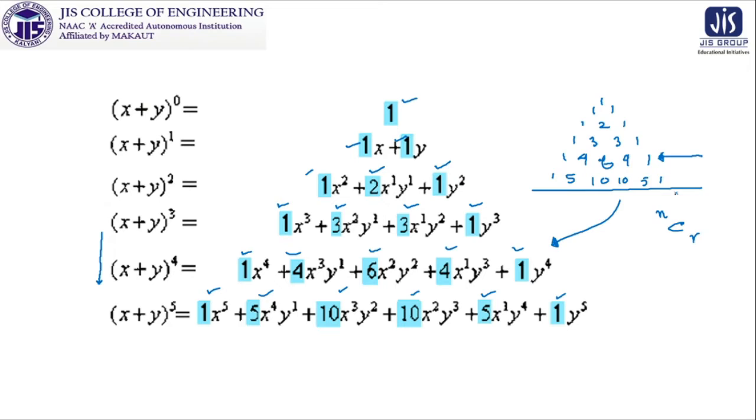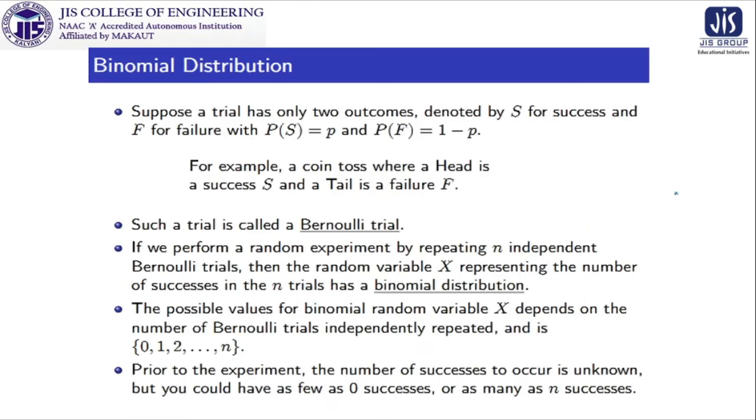Now we will proceed further and see the concept of binomial distribution through probability. So we are making one story, and we have a trial which has only two outcomes, denoted by S for success and F for failure.